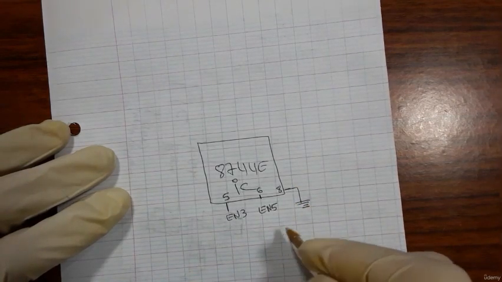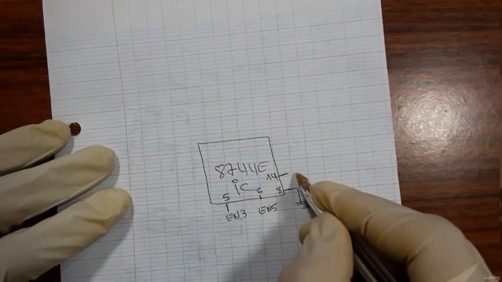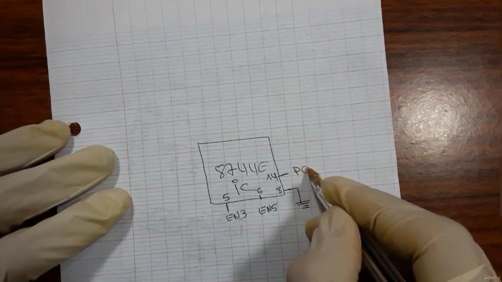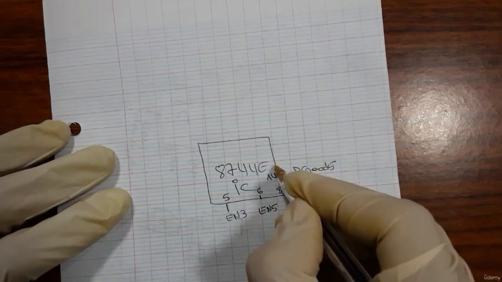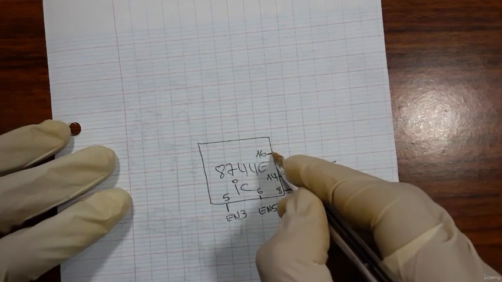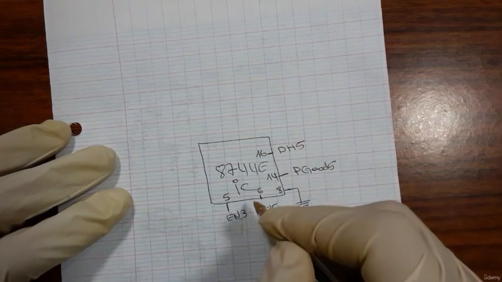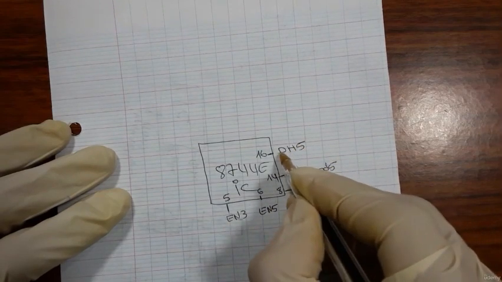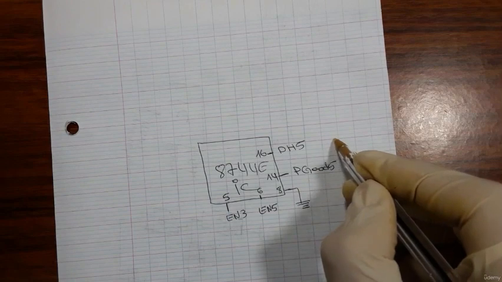In pin number 14 we have the power good for 5 volt, and pin 16 is the drive high for 5 volt. This signal goes to the MOSFET, to the higher MOSFET.